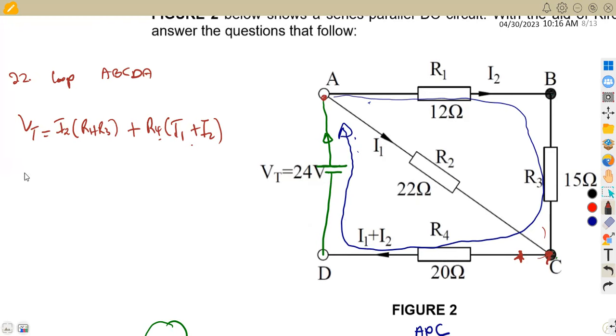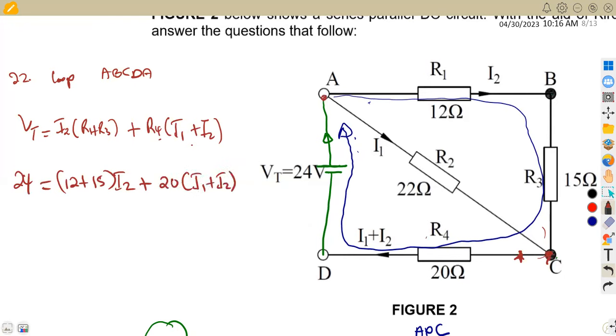So you can substitute our values. 24 is equivalent to I2 into R1 and R3, we add, that is 12 plus 15 in this case. So you're going to have 12 plus 15 times I2 plus R4, which is 20. So this is going to be 20 into I1 plus I2.